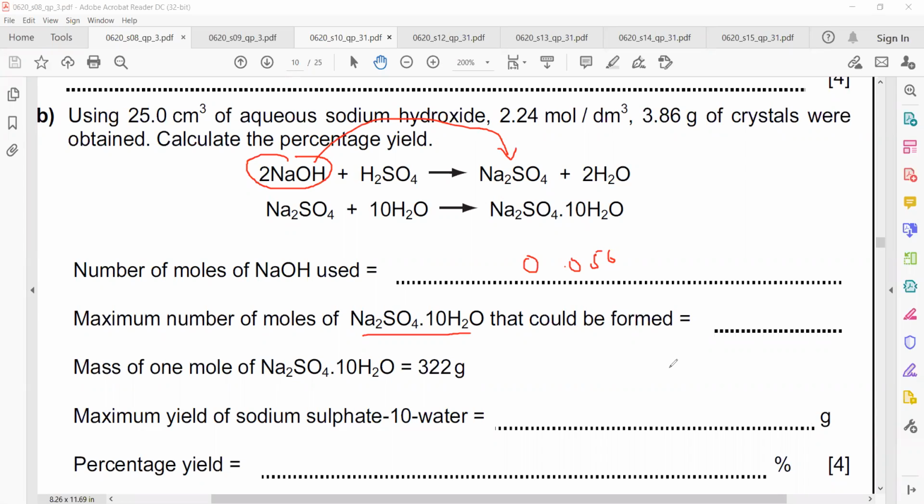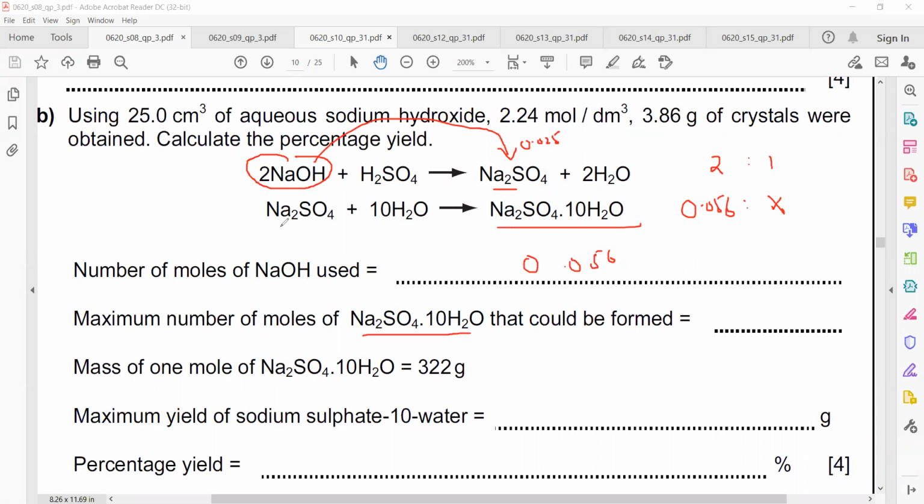The ratio between them is 2:1. If 0.056 moles are there, how many moles of sodium sulfate? 0.056 divided by 2 is 0.028. So we'll get 0.028 moles of sodium sulfate.